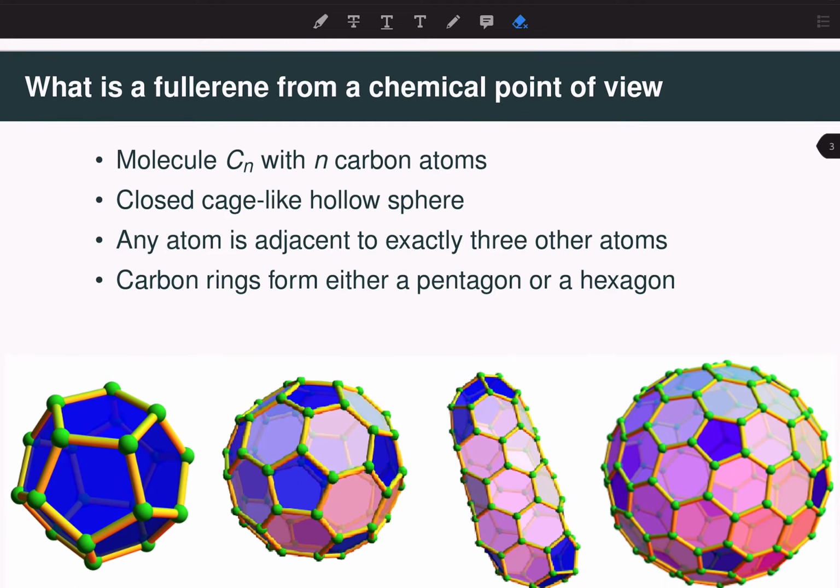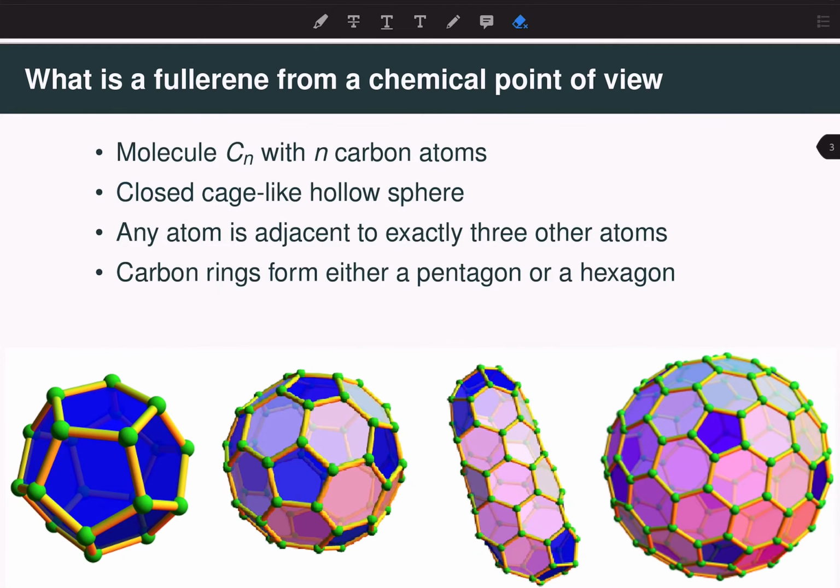So from a chemical point of view, a fullerene is nothing else than a carbon molecule with n carbon atoms. Probably most of you have heard about graphene, which looks like a piece of paper. It's flat. In contrast to that, we have now a closed cage-like molecule which looks like a sphere.